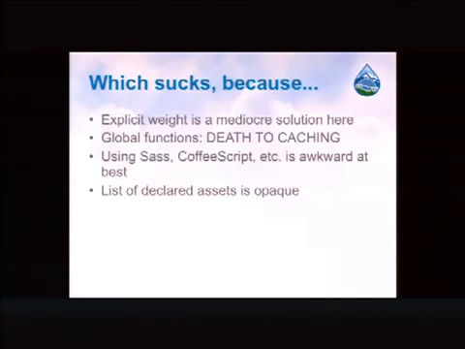There are also problems because the list of declared assets is opaque. By that I mean, if you are in a theme and you're trying to look at the list of all the JavaScript or CSS that's been declared, and you want to manipulate them in some way, you have no idea, if you're looking at the scope value or the media query or anything else that's been set on any of the assets, whether that was directly set by the code that added the asset, or if that's just a default that was added onto it later on.